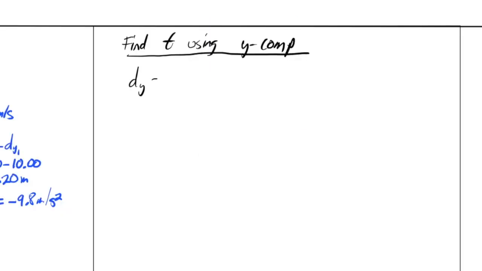Now I'm going to modify it so that I have the subscripts. Specifically, I like having those subscripts because I want to make sure people realize that we can only use information that is relevant to the y-axis, not the x-axis. So this is dy is equal to vy1t plus 1/2 ayty squared. Okay, so now, since we're solving for time, I have to inform you of something ugly, t squared.